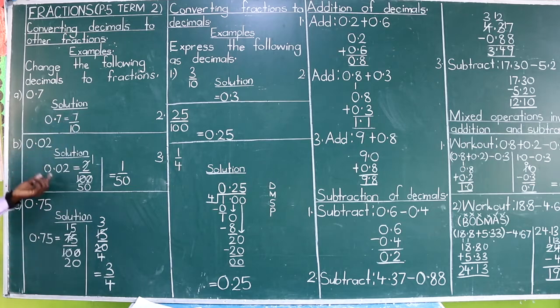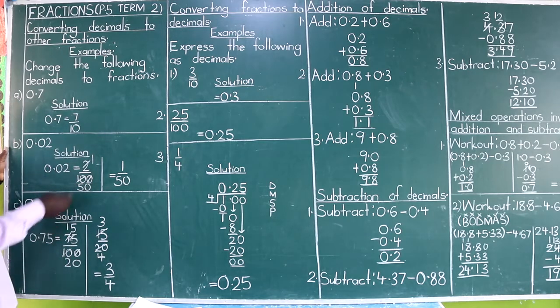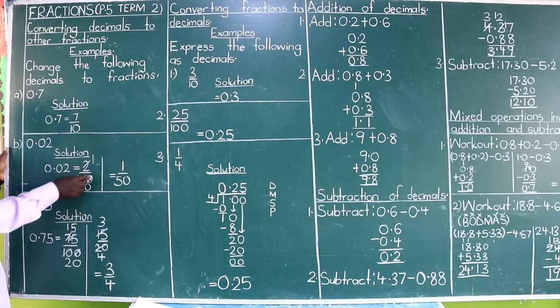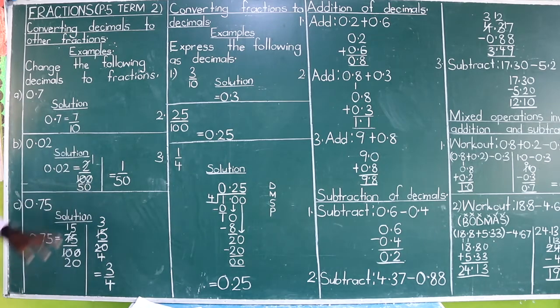Then 0.02, I've got 2 decimal places, then 2 zeros must come down. So the number of decimal places is the number of zeros you have to include onto 1. So you put 2 zeros onto 1 to make 100 and successfully write 2 out of 100, which is reduced by 2 to get 1 out of 50 and nothing else.